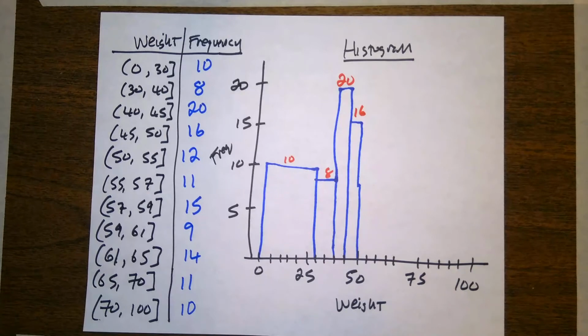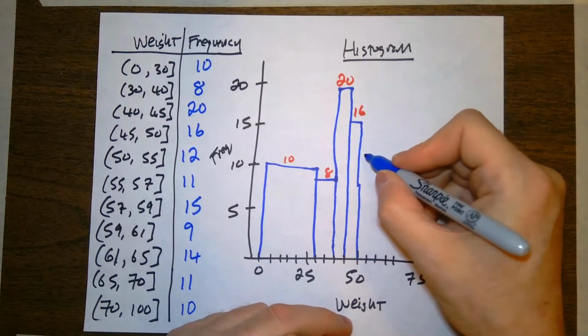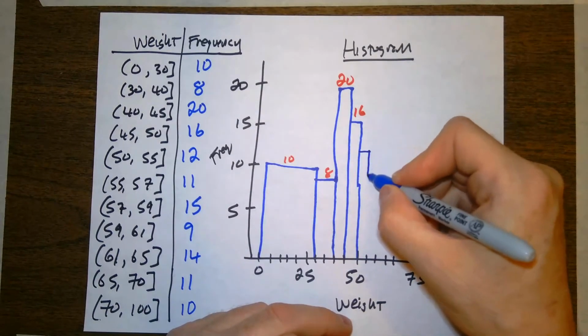All right, so let's finish the polygon now. The next class goes from 50 to 55, and there were 12 of those between 50 and 55. So 12, let's say 12 is right about here.